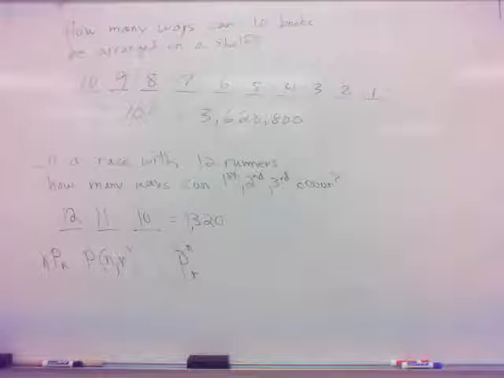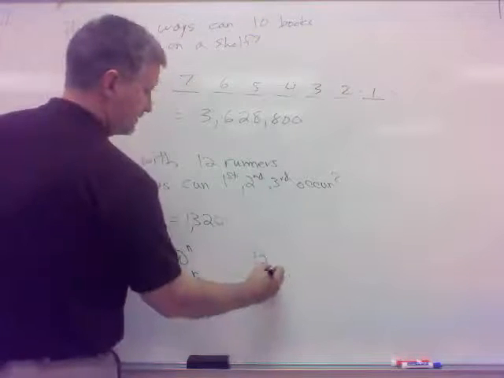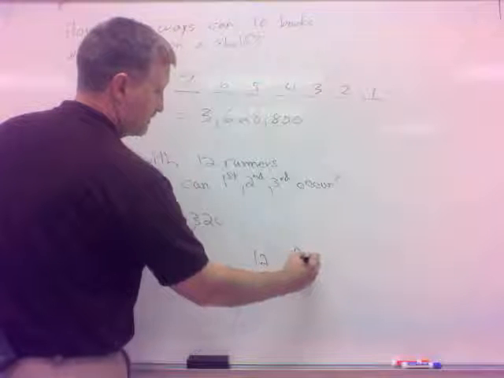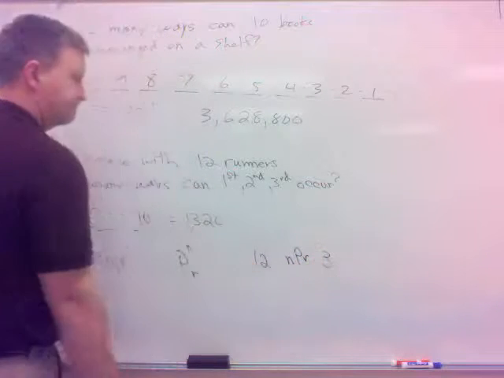You see that button on yours? Look under PRB, the same place you looked for factorial. Okay, so enter these numbers in. If you found that button, do 12, then hit the NPR button, and then 3. See what you get.